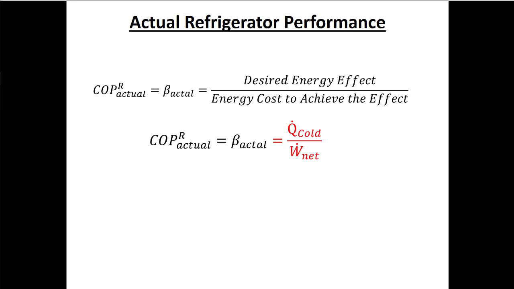And the energy cost is, again, that you've got to run some kind of power into this system. My air conditioner is a big cost in the summertime, because it's running and I'm paying for the power that it consumes. But I can make a W dot net into Q dot hot minus Q dot cold, excuse me.